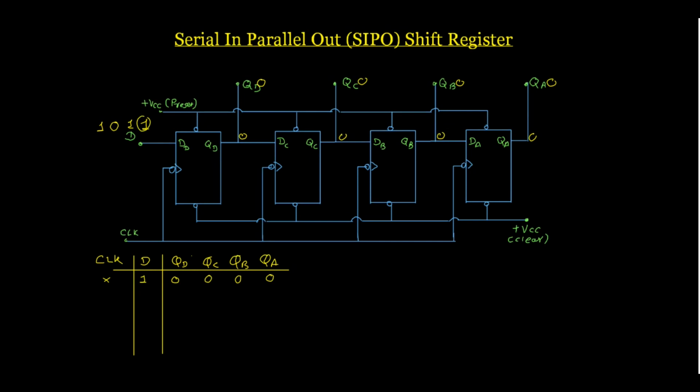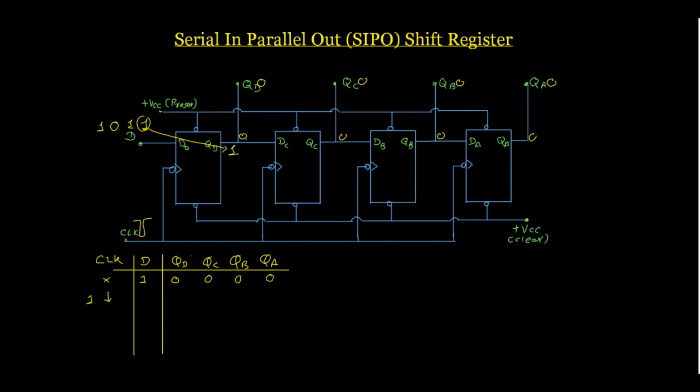Now we apply the negative edge of the clock pulse. So at the first negative edge, clock pulse number 1, what will happen? This 1 will be transferred here.